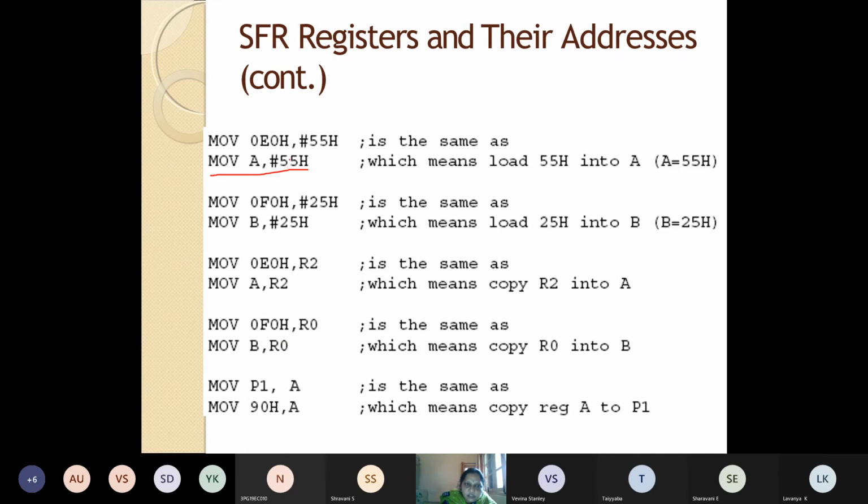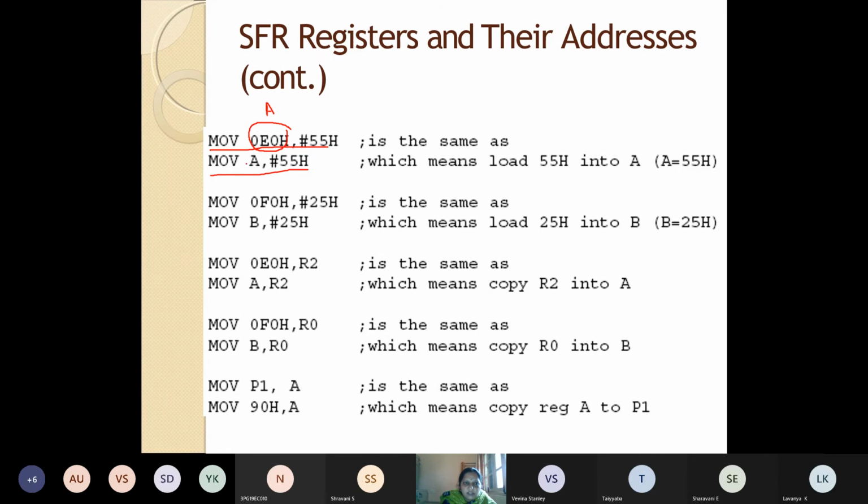So the value 55 is loaded into the register A. Instead of writing like this, if I write MOV 0E0 hex comma #55, E0 is the address of register A. So I can write the name of the register or I can write the address of the register.